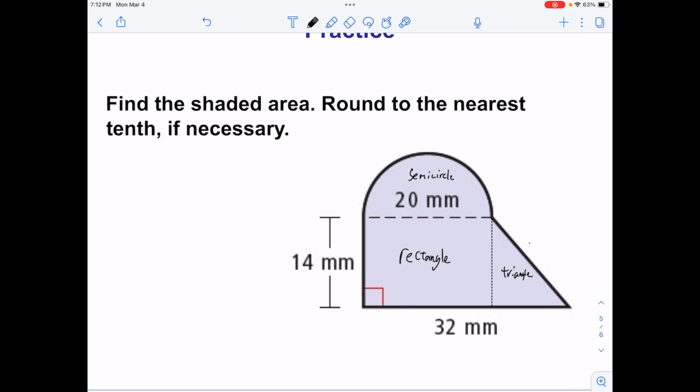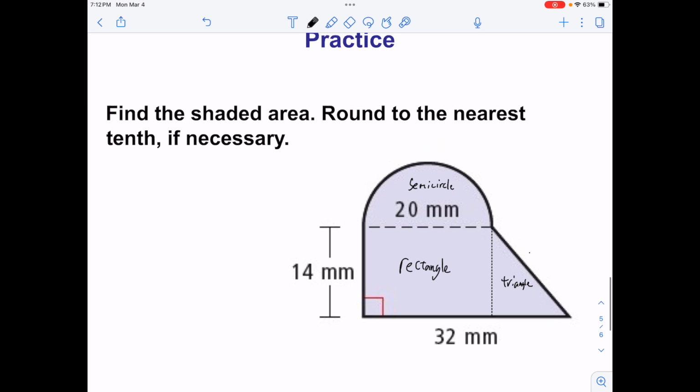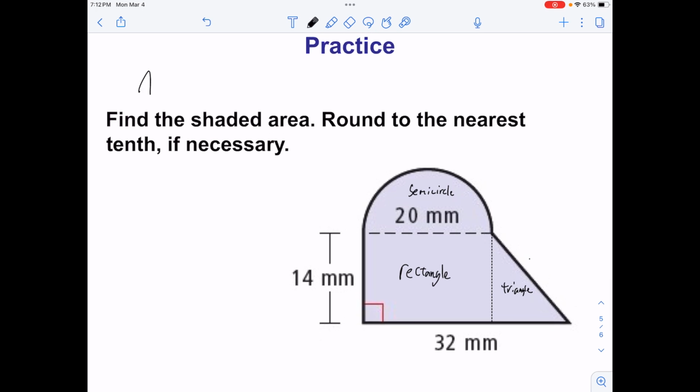So to get the area of the composite shape, I'm going to write it on top right over here. Area of composite. Do it in a different color. We're going to take the area of the rectangle plus the area of the triangle plus the area of the semicircle.